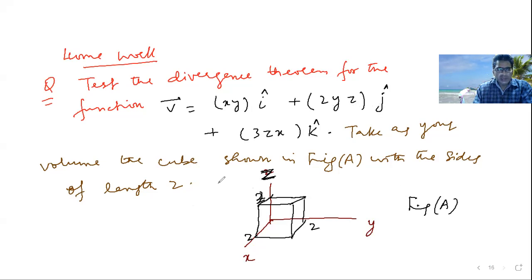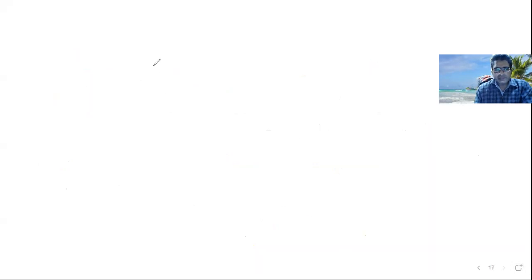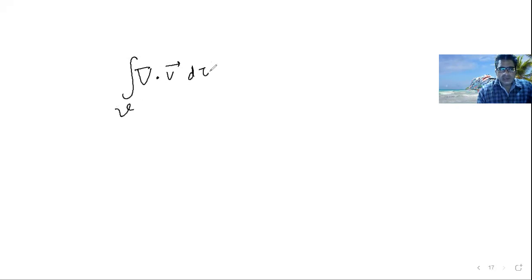Procedure is same. You have to first take the left side of the divergence theorem. That is the volume integral you have to solve. You have to first find the divergence of V. Then you have to evaluate the volume integral. That will be your left hand side.